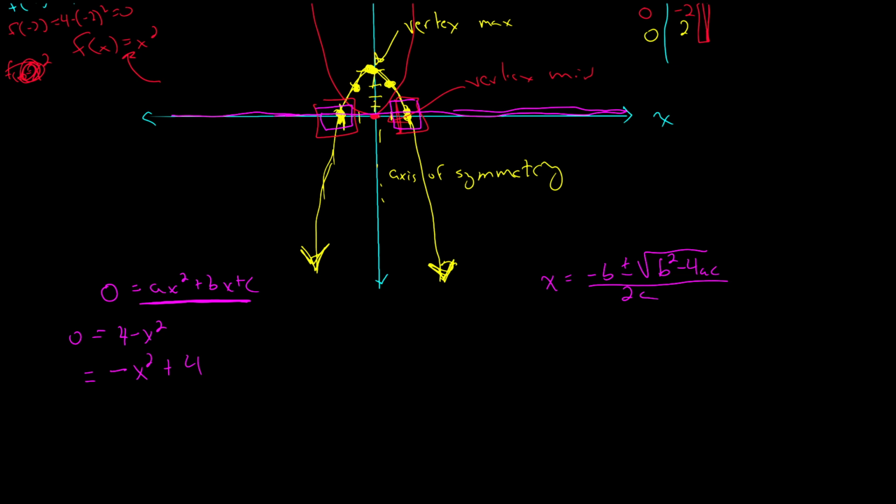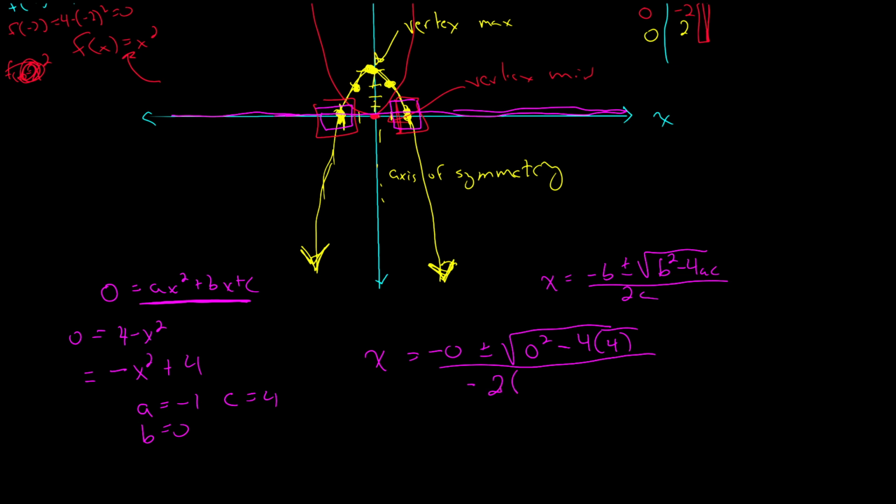And so I'm going to say that a is equal to negative 1, b is equal to 0, and c is equal to 4. So I'll come over here, and I'll put this into my quadratic equation. That'll give me minus 0 plus or minus the square root of 0 squared minus 4 times 4, all over, whoops, not negative 2, 2 times negative 1. It's going to be negative 2.